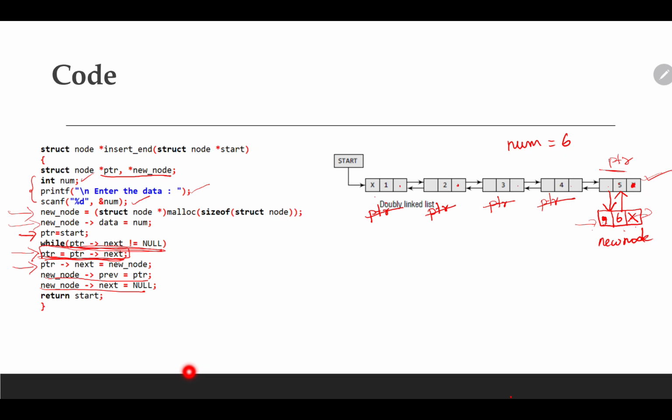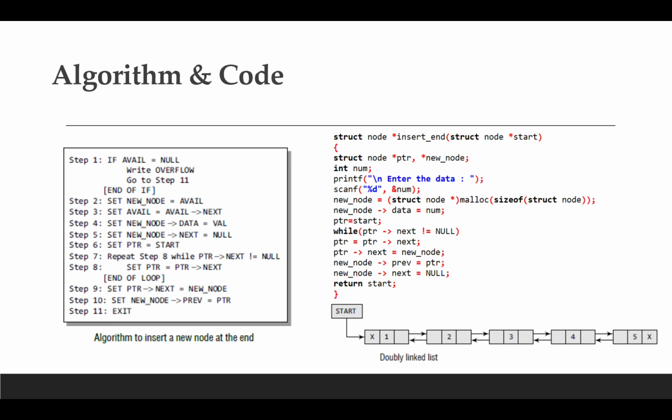Okay, so this is the procedure of inserting the new node at the end, and this is the code and algorithm. So here first we are checking the overflow condition, then we are creating the new node and allocating the memory space. Okay, then after that, new_node->data is equal to VAL.